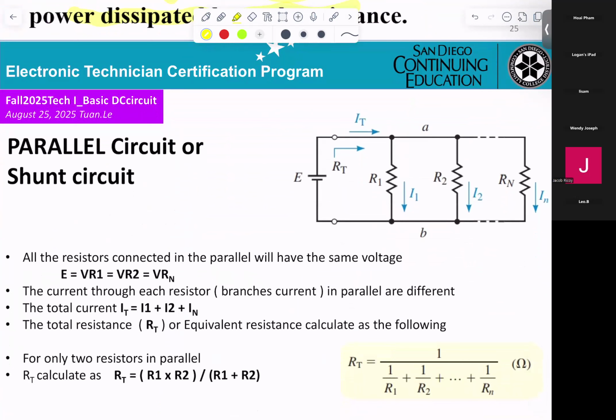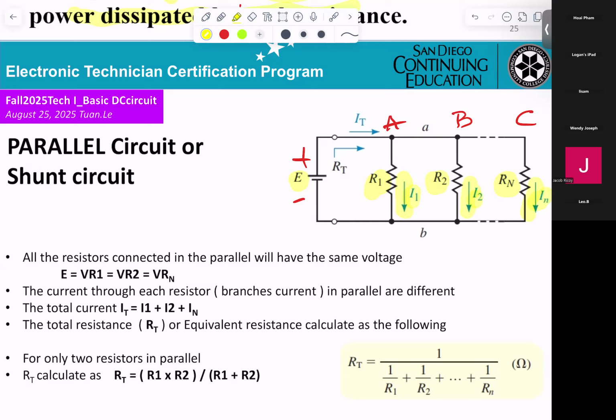Okay, this is a parallel circuit: R1, R2, and any more, it doesn't matter, R3. Power is still positive. Then at points A, B, C, the current flowing through is I1, I2, I3.